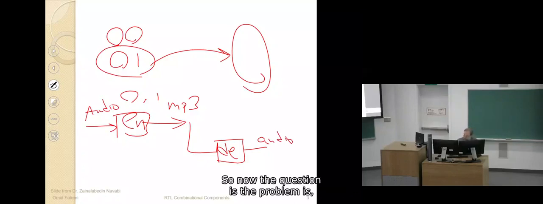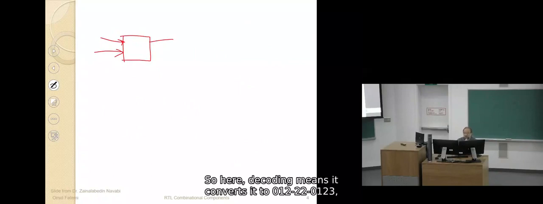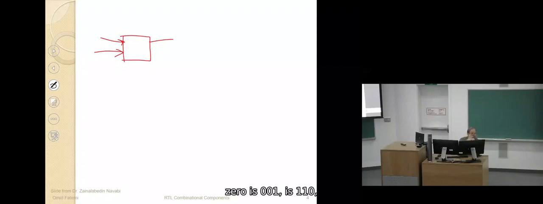So now the problem is, I want you to design a circuit to receive a 2-bit binary number and decode it. Here, decoding means it converts it to 0, 1, 2, 3, because as I told you, 0 0 is 0, 0 1 is 1, 1 0 is 2, 1 1 is 3.